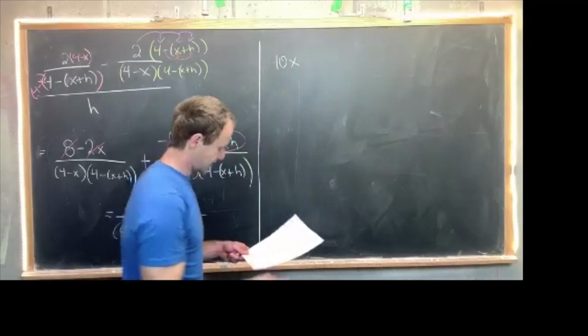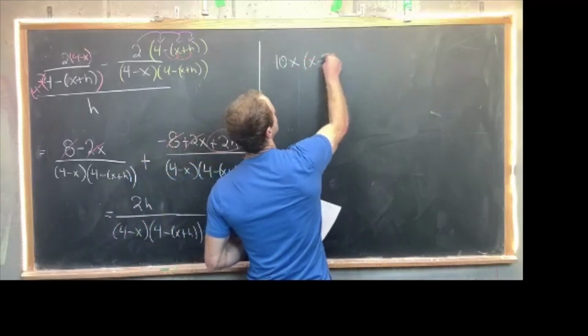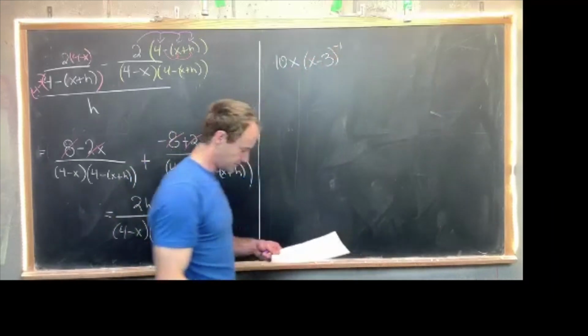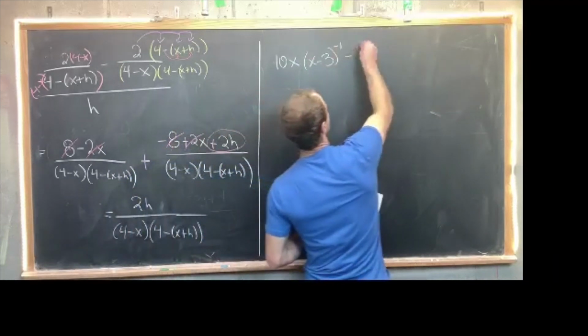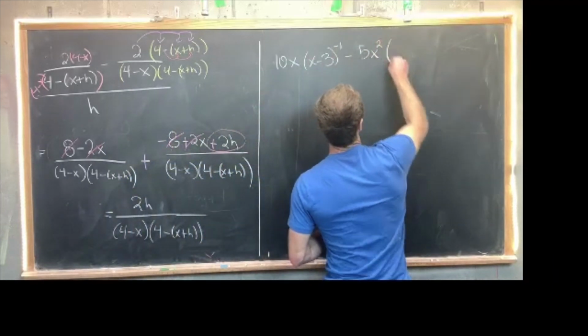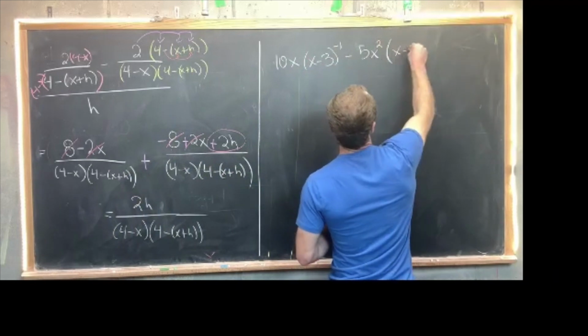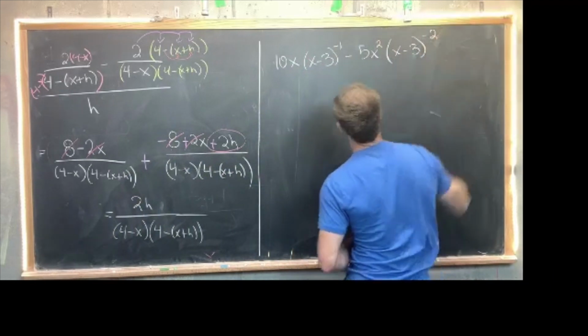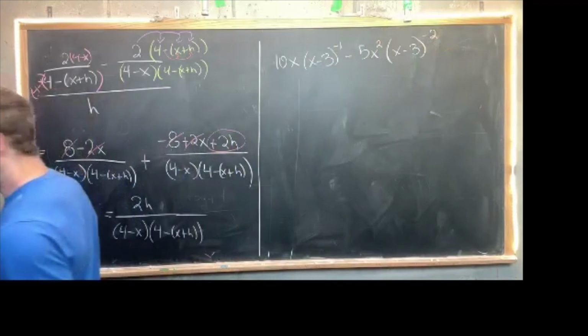10x times x minus 3 to the negative 1 minus 5x squared times x minus 3 to the negative 2. Okay.